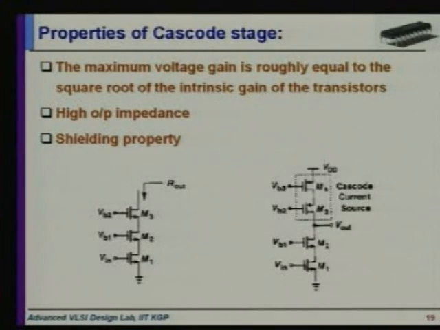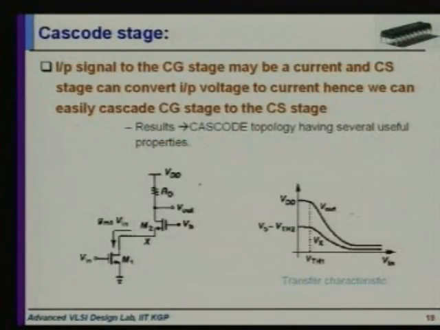The output impedance is also high, and another main property is the shielding property. What is the shielding property? I have already said the output resistance is very high, giving a gain equal to (gm R naught) squared. Because the output resistance is very high, if there is any perturbation at the output voltage, its effect at the X node will be very small.